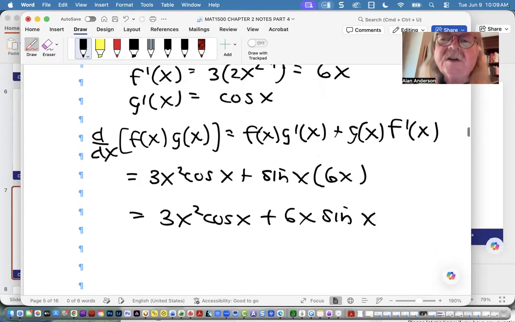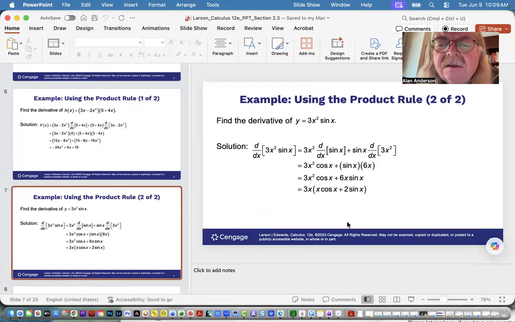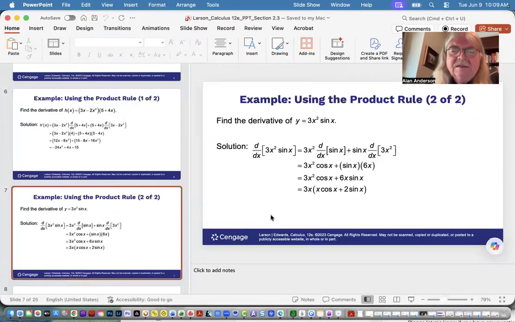Now, whenever trig functions get involved, what sometimes happens is there could be an identity in here that you might not even recognize. If there is, you might be able to simplify this even further, but that's not the case here, okay? But we do want to keep our eyes open for those. You never know. Oh, I see what they did. This is what we got. Then they chose to write it like this. That's not absolutely necessary. All right, so now we are ready for the quotient rule.